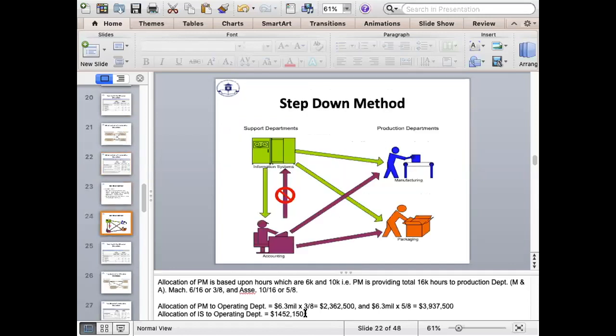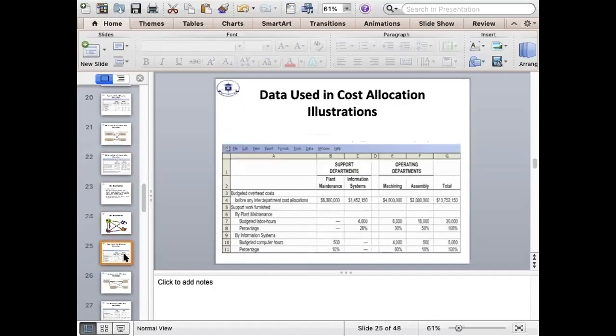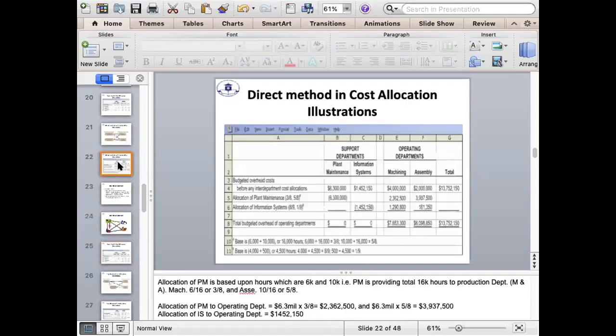All right. So this one multiply by 8 divided by 9. And this number multiply by 1 divided by 9.